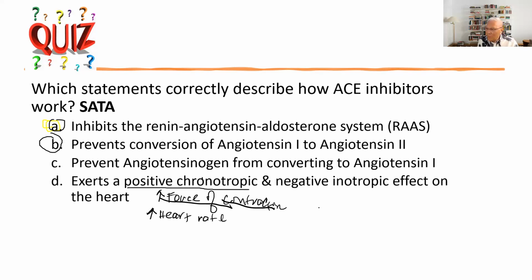I'm getting ahead of myself. And negative chronotropy is to decrease the force of contraction. Well, this is something that ACE inhibitors do not do. What drug does this are the calcium channel blockers. The calcium channel blockers are going to have a negative chronotropic effect, as well as a negative inotropic effect, but it's not going to be something that is a characteristic of your ACE inhibitors. Okay, so it's just A and letter B.